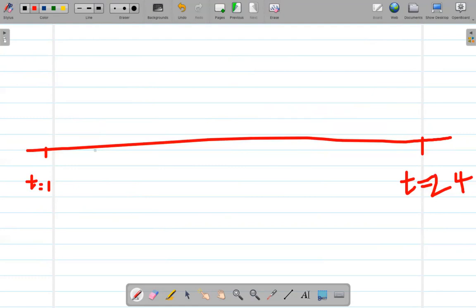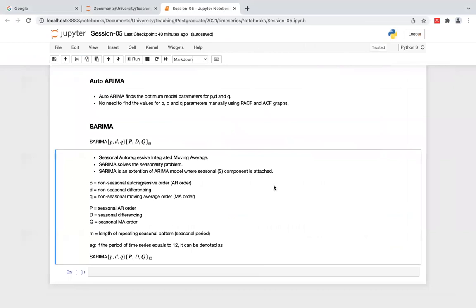In between we have multiple timestamps. Then we have altogether 7 parameters in our SARIMA model, right? What are they? Simple p, d, q, capital P, D, Q, and simple m.